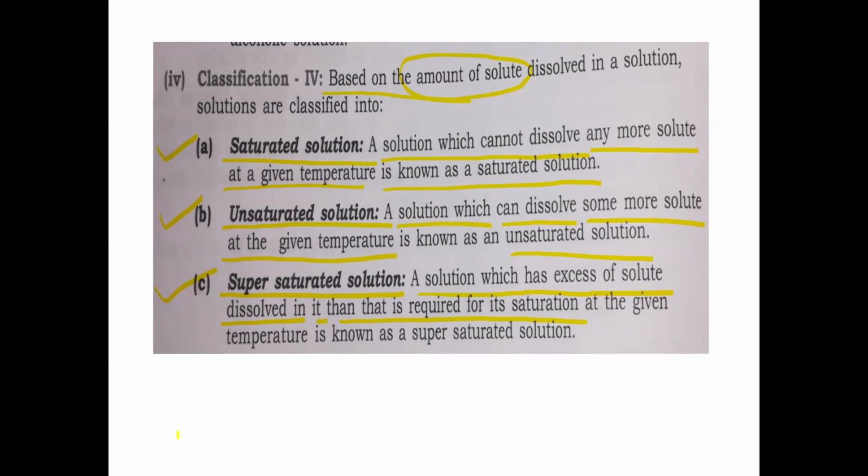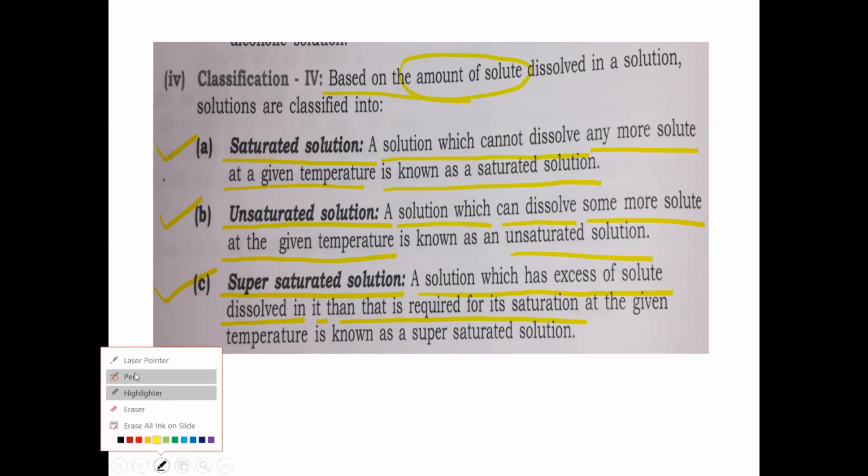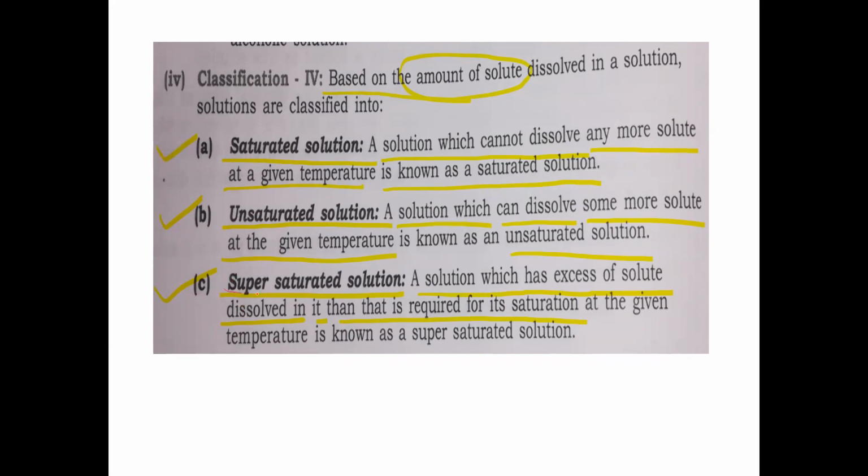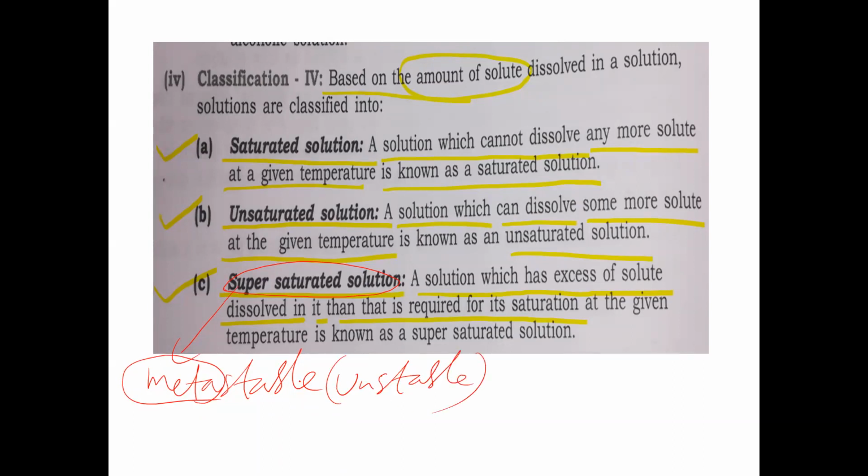And here, remember that this supersaturated solution is unstable. It is called a metastable solution. Metastable means unstable. So which is the unstable solution among the three types?